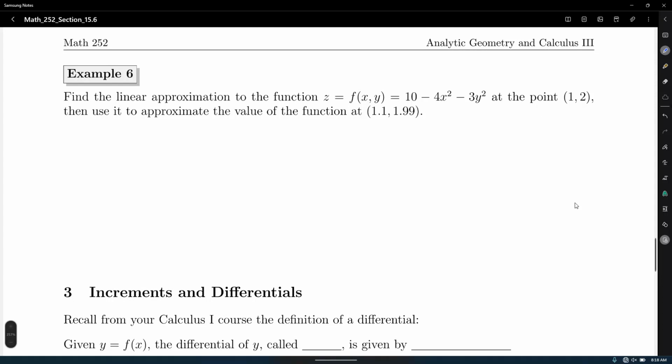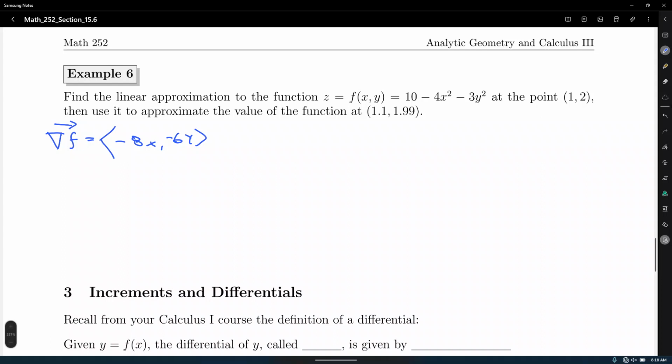All right, so let's find nabla of f, that is the gradient, which is a vector. Don't forget the arrow here. It's a vector, not just a scalar. That is the partial of f with respect to x, that's negative 8x, and the partial of f with respect to y, that is negative 6y. All right.